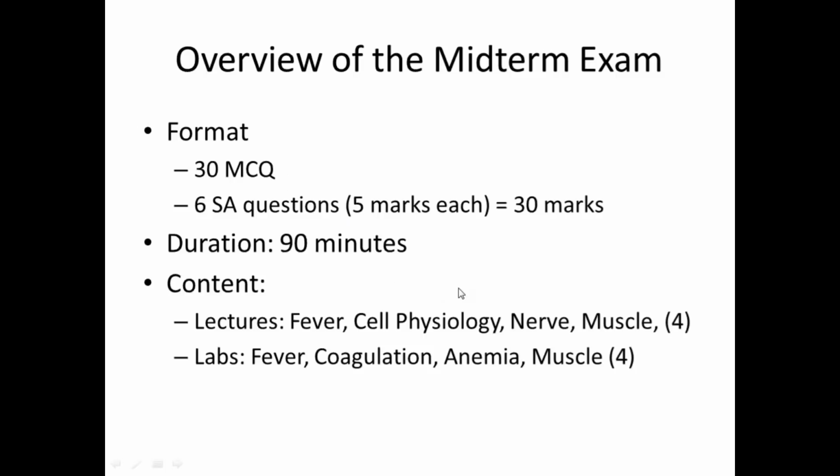It is 90 minutes. So this part is actually really important. 90 minutes means that 30 multiple choice questions should take you, actually, a second. So we have a 1.2 ratio. So 1.2 times 30. It should take you 36 minutes.